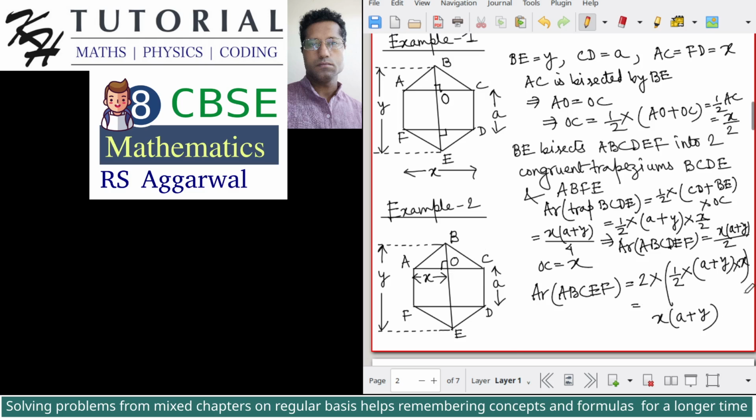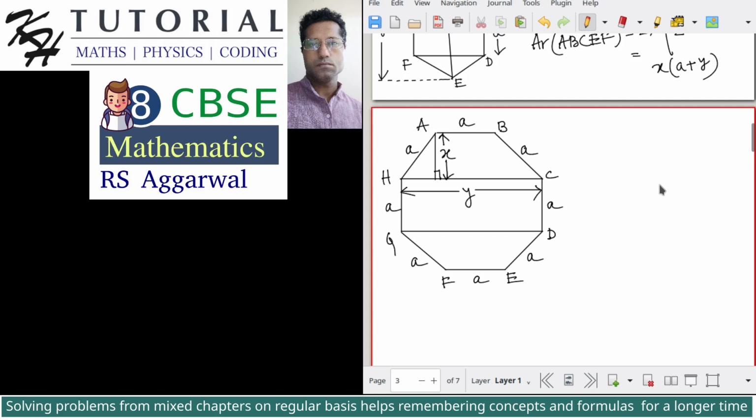I'm just trying to explain based on given dimensions how we can find the area of a regular polygon. I have taken the example of a regular hexagon. It could be any other regular polygon, like a heptagon or octagon. If the number of sides is more, then obviously you will create more triangles or rectangles or even more trapeziums. So let's see another example.